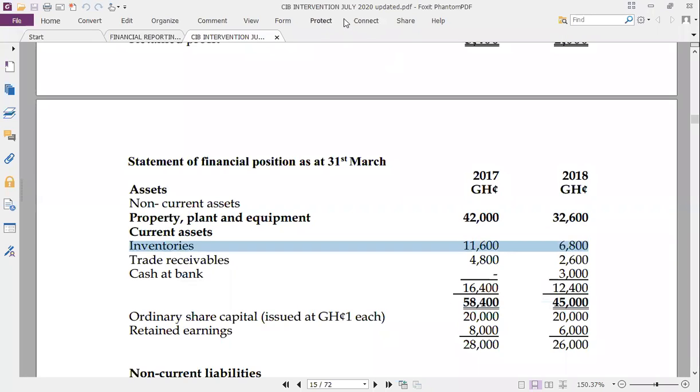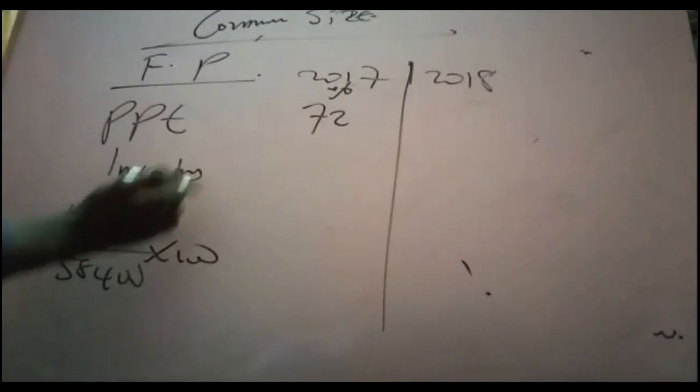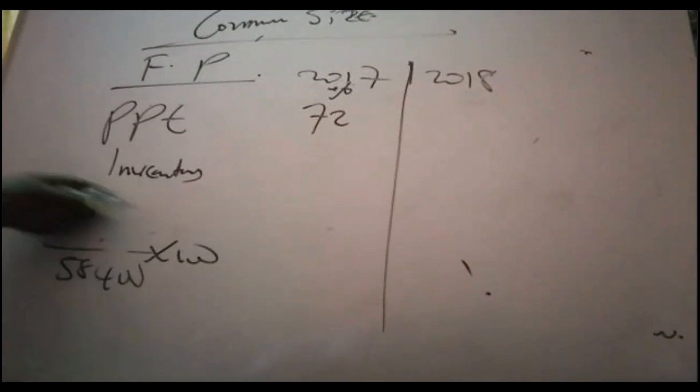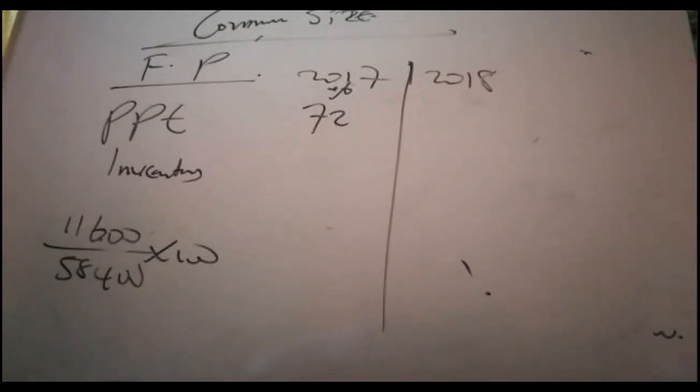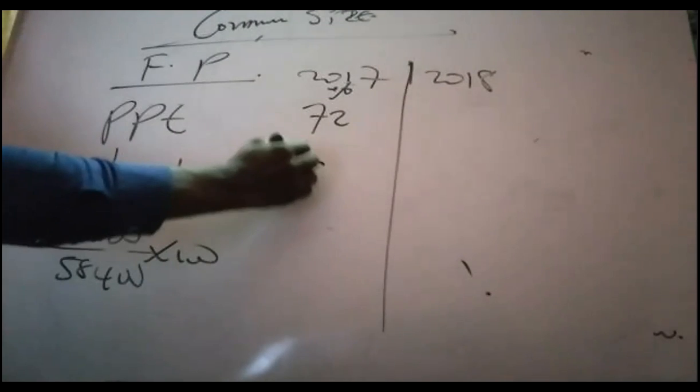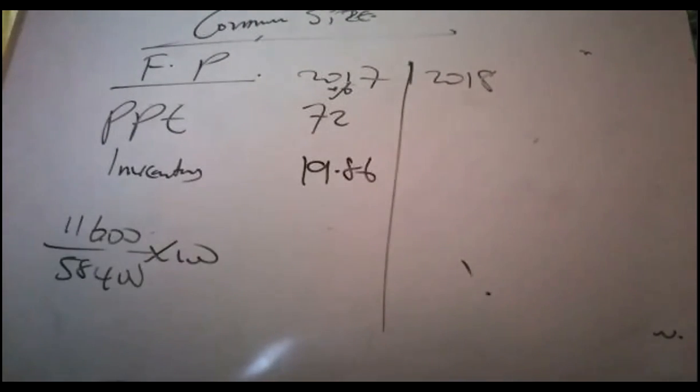11,600 over 58,400. So I just have to change the top to 11,600. That will give us 19.86.